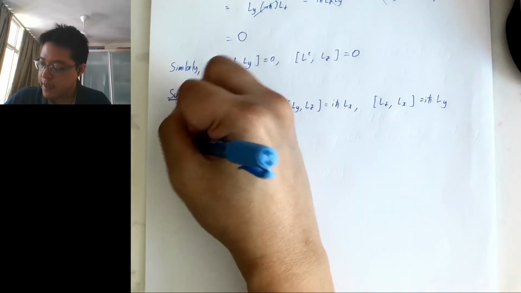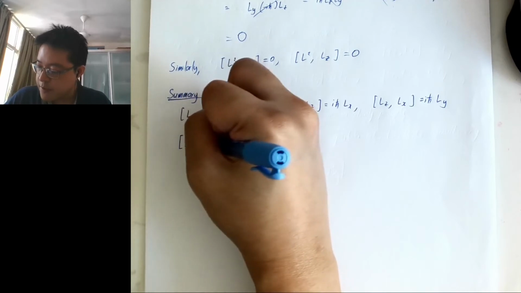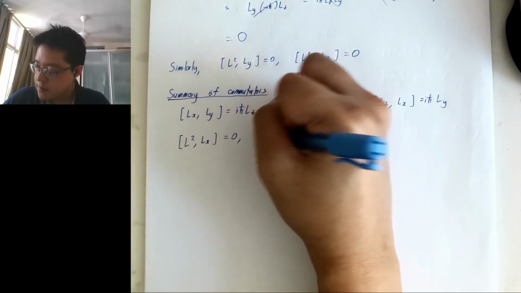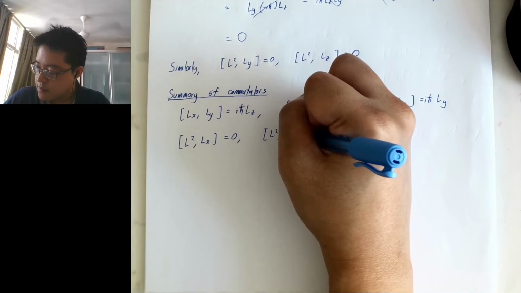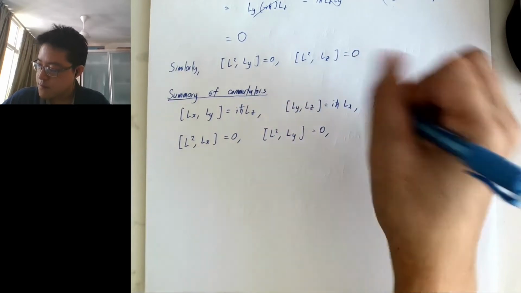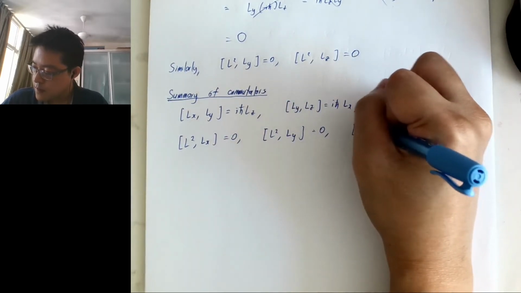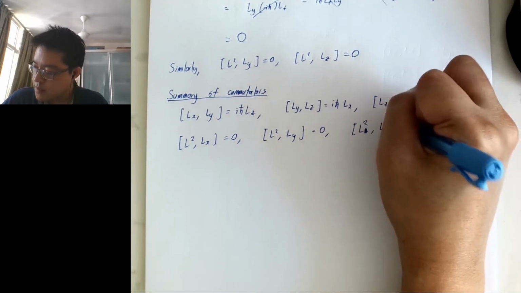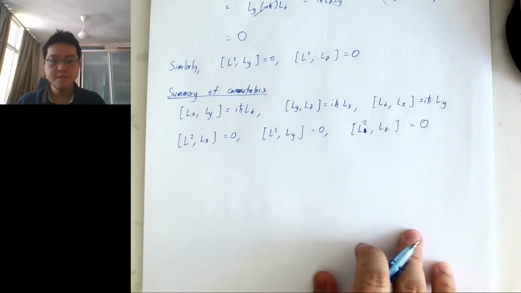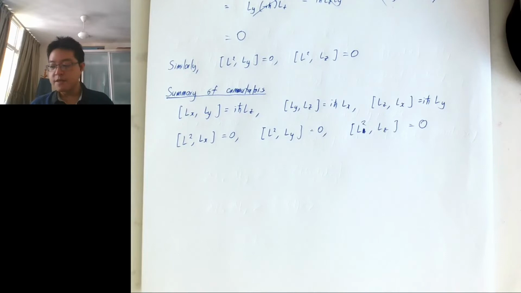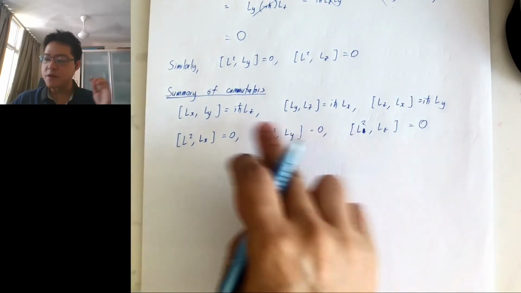And then L square commutes with everybody. L square, Lz equals 0. Okay.